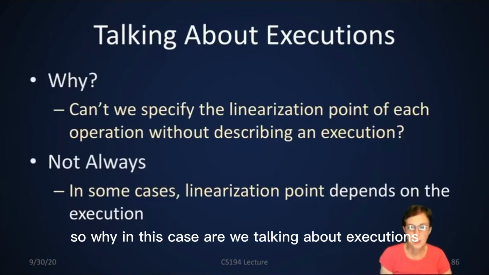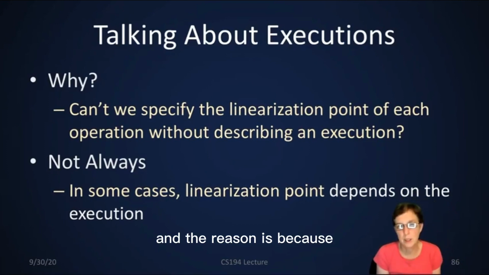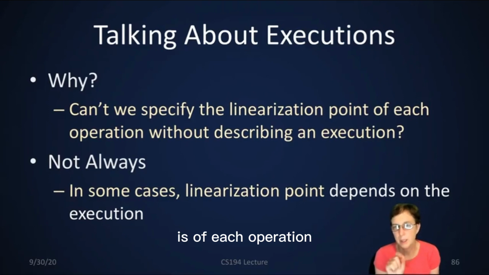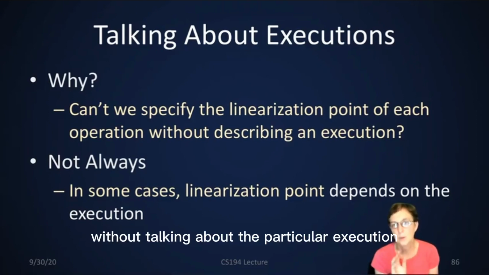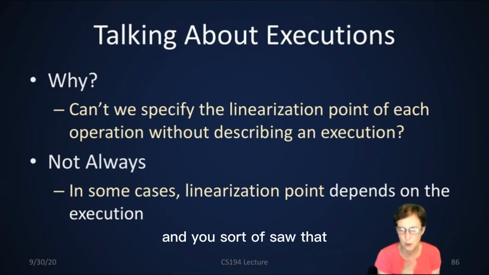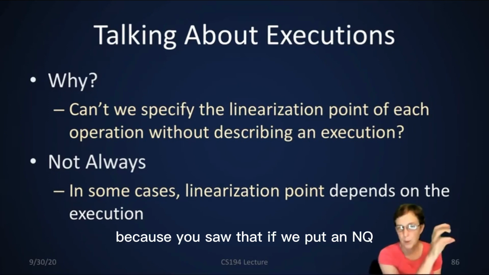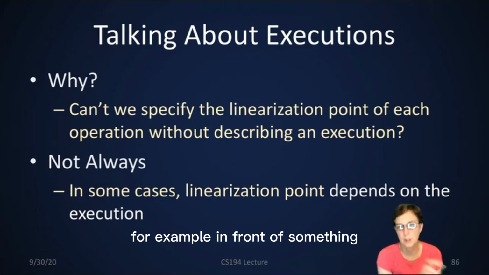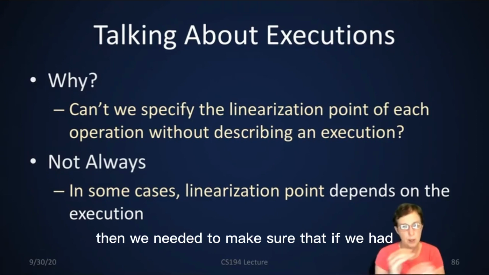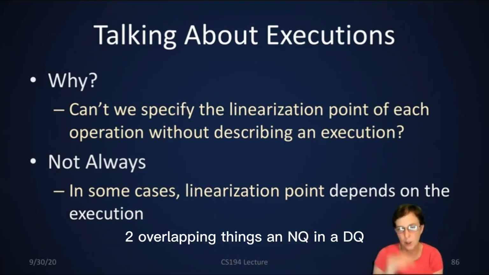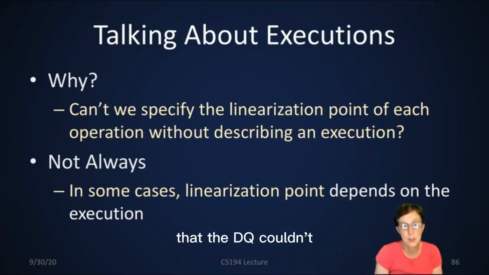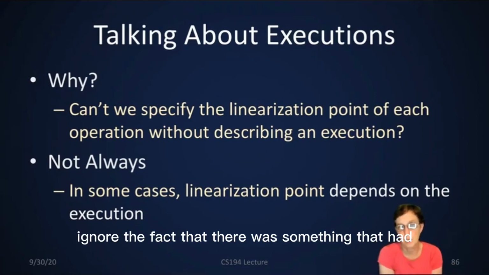So why in this case are we talking about executions? The reason is that we can't really talk about what the linearization point is of each operation without talking about a particular execution. You saw that if we put an NQ in front of something, then we needed to make sure that if we had two overlapping things, an NQ and a DQ, the DQ couldn't ignore the fact that something had already happened.